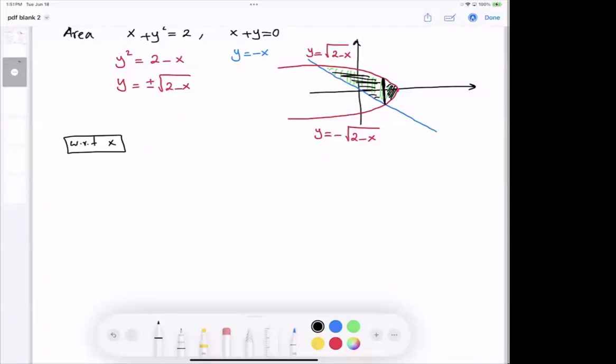Why is that? Because the ceiling and the floor are different in these two portions. The ceiling on this portion is square root of 2 minus x, and the floor, or the smaller y value, is this decreasing line.